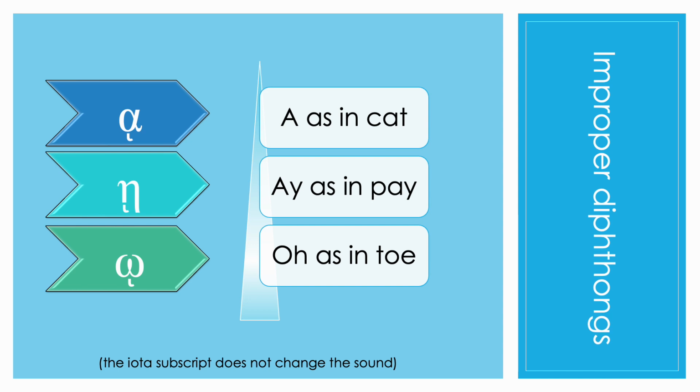Don't worry for now about the dative. We'll come back to that when we are covering nouns. Just remember for now that the iota subscript is an important thing to remember, but it doesn't change the sound of the letter.